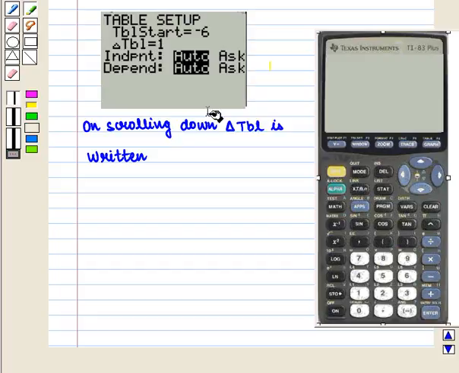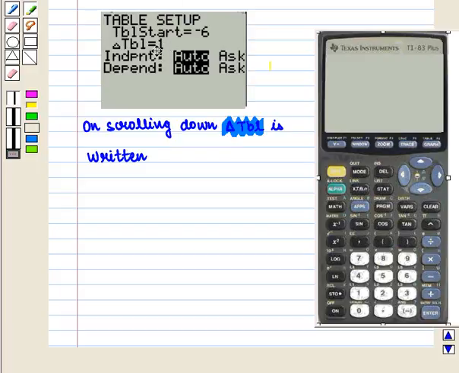On scrolling down, we see that delta table is written. This describes the increment in the table values of variable x. 1 is written here. It means the values in the table go on like 1, 2, 3, 4, that is by increment of 1.